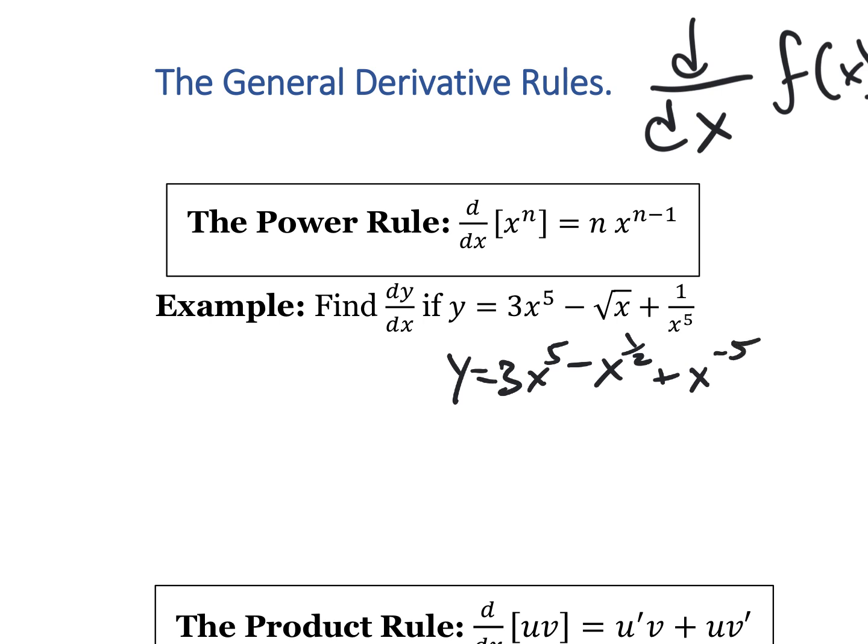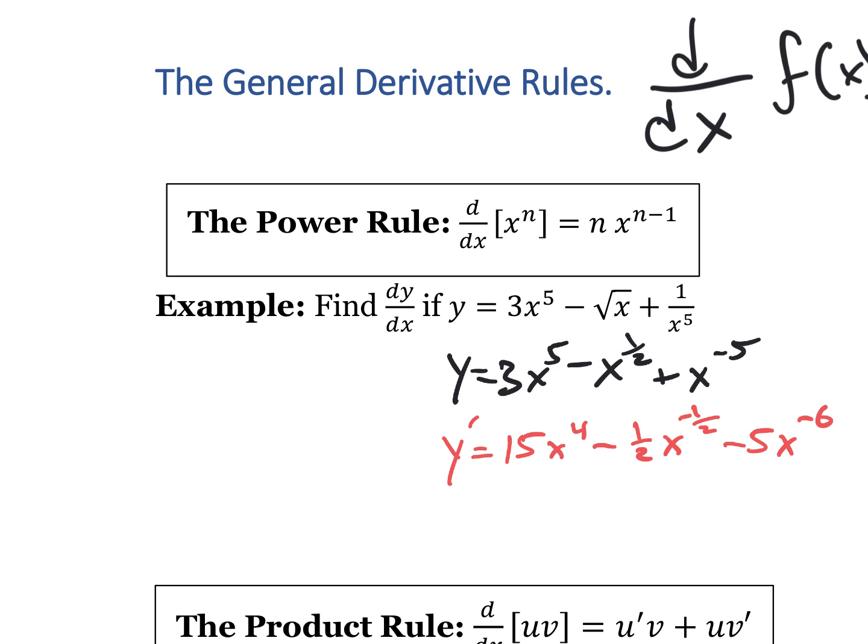And now that we have everything written as powers, we can go ahead and take the derivative. Drop that 5, 5 times 3 is 15, x to the 4th, subtract 1. Drop that 1/2 down, subtract 1, and that becomes negative 1/2. Drop that negative 5 down, and we have minus 5. Subtract 1 from negative 5, and we get negative 6.